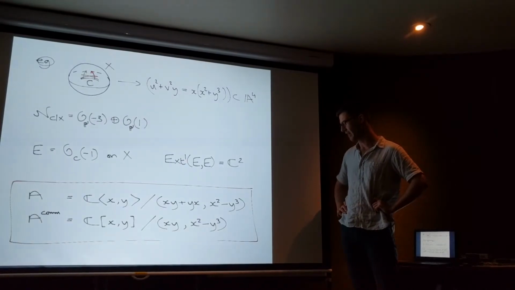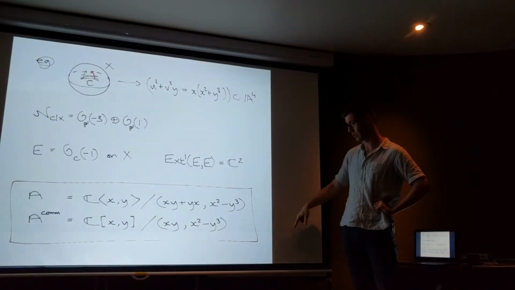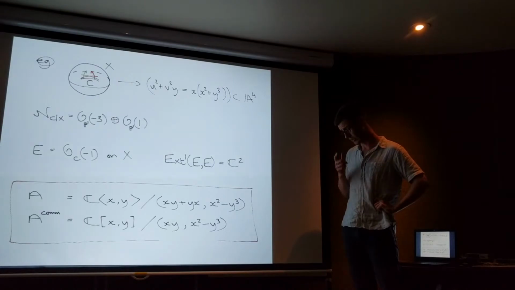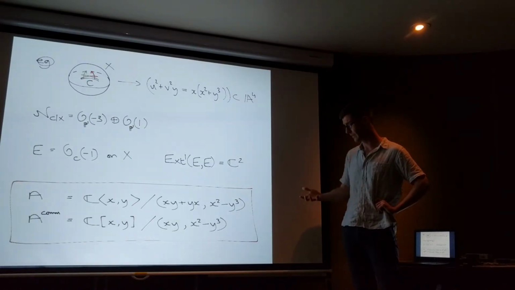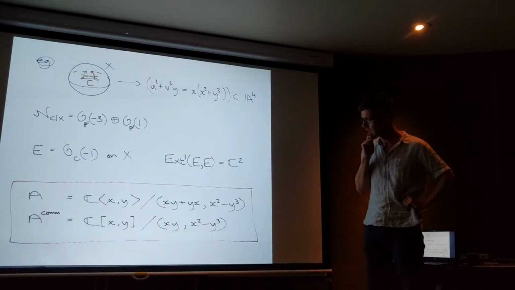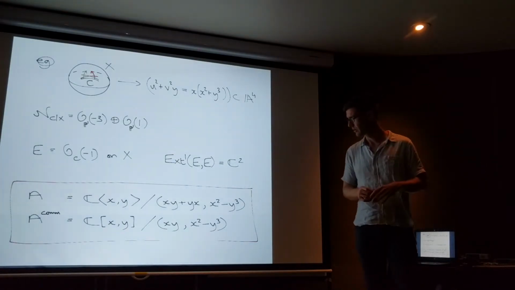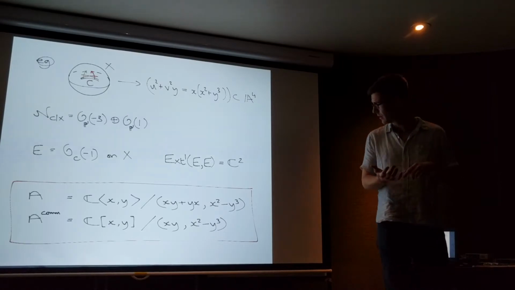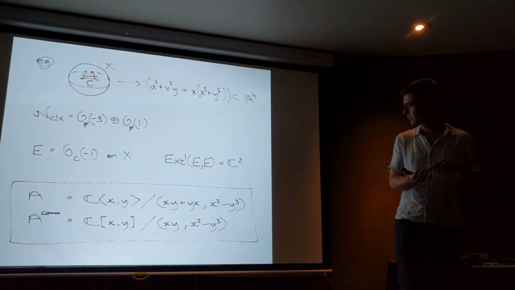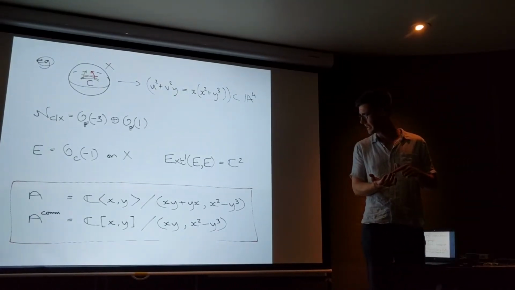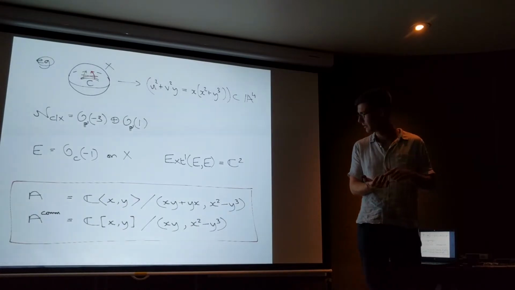And if I do this procedure of quotienting by the two-sided ideal generated by commutators, then I just get this: xy and the cusp relation, so that is clearly finite dimensional, and it's 5-dimensional.